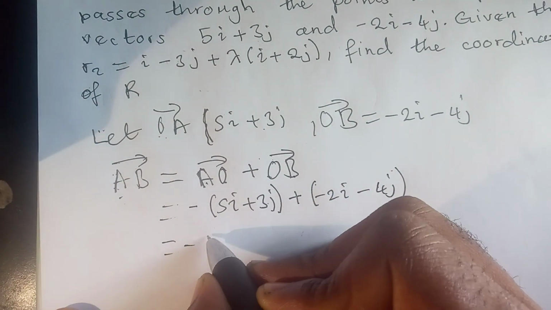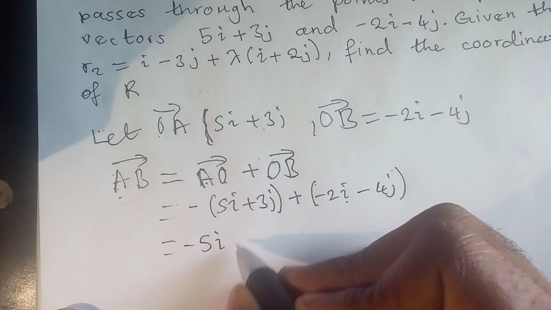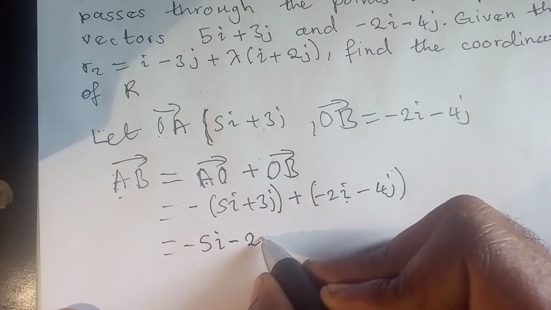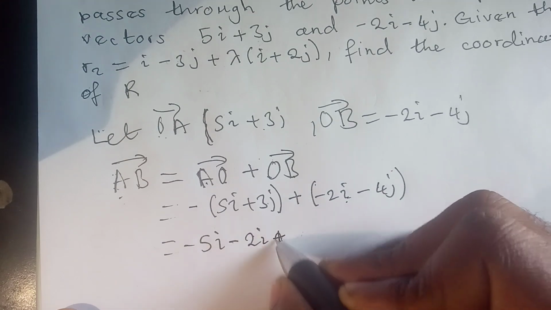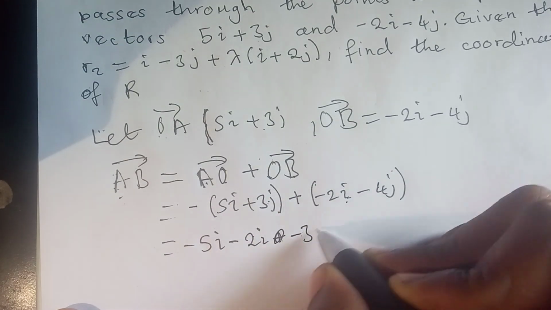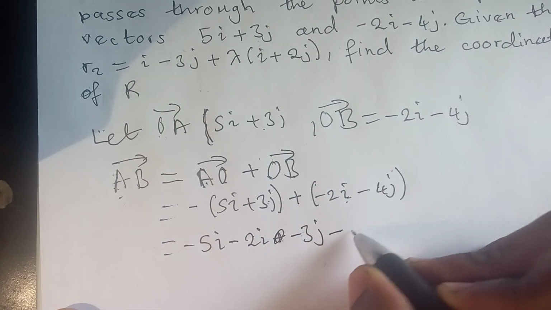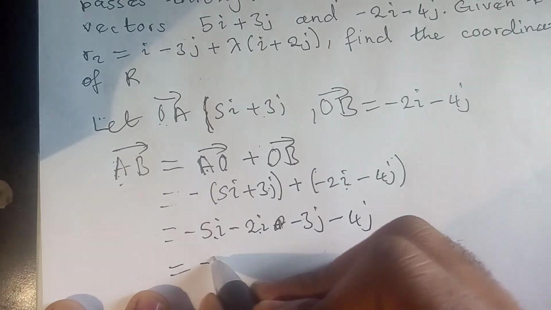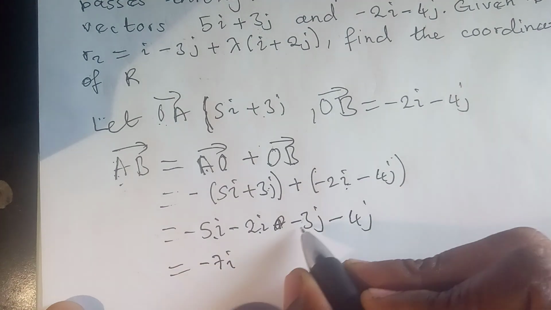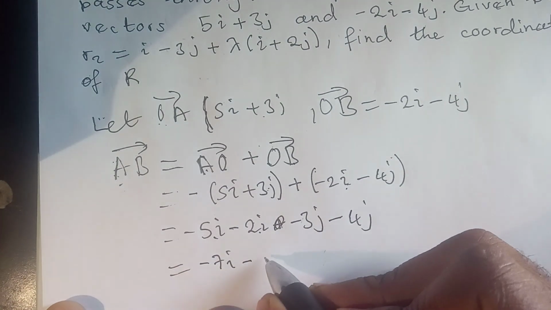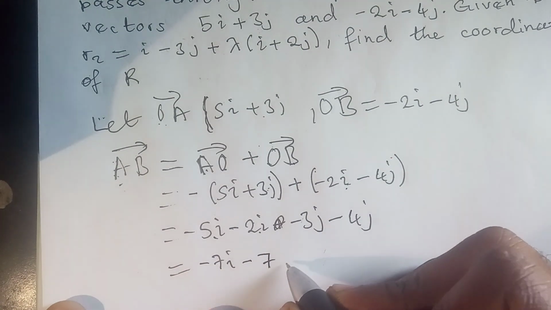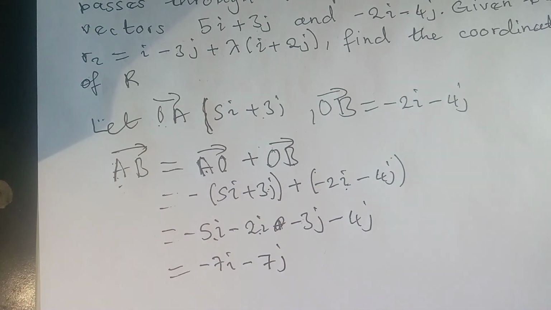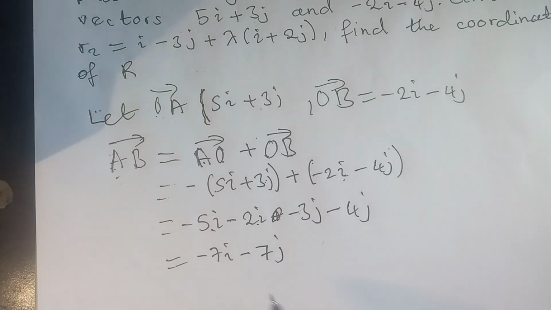So this one will be negative 5i, I'll put it together with 2i. Then this is also negative 3j together with negative 4j. And then this and this will give us negative 3i, and this will also give us negative 7j. So this is the direction vector.